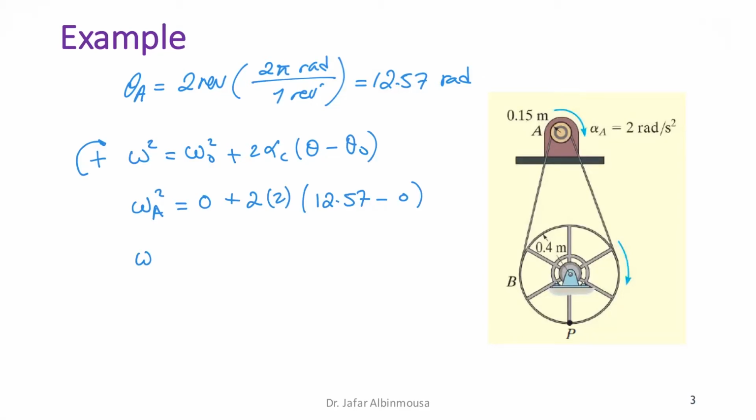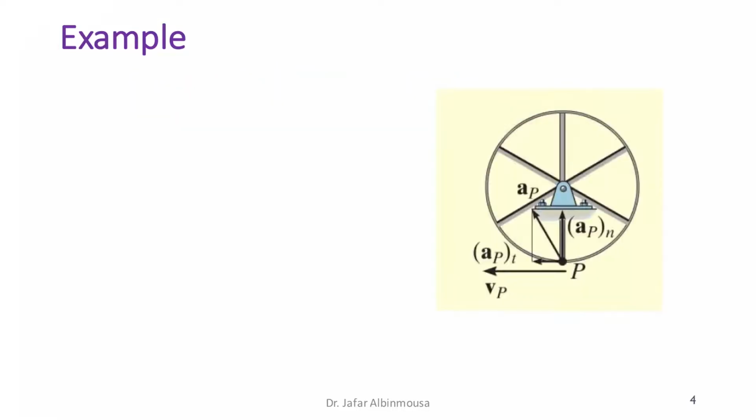So how much is this going to give us? Omega A is equal to 7.09 radians per second. Now, from the gears relation, which is V equals omega A R_A, which is equal to omega B R_B, we can have 7.09 multiplied by 0.15.